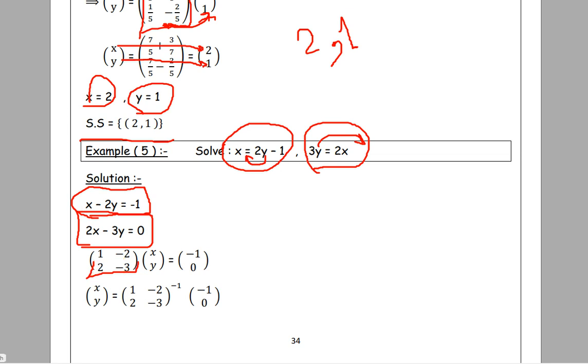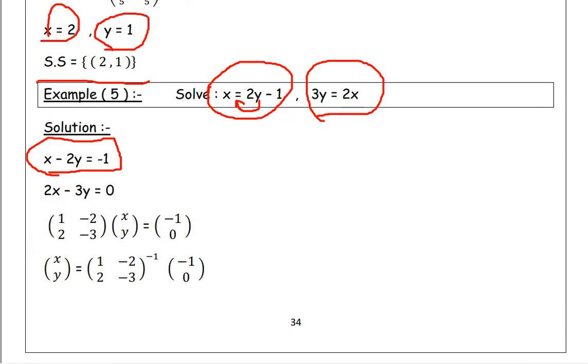And then we have here x and y, the variables. As we arranged them, we put x first and then y. Equals the solutions here, which are negative 1, 0.